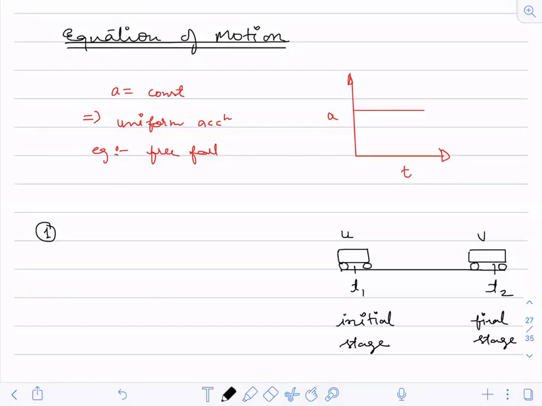Change in velocity is always calculated as final minus initial, so v minus u. What is the total time taken? Time taken is t2 minus t1, and that difference is t, the time taken. So this is acceleration a.